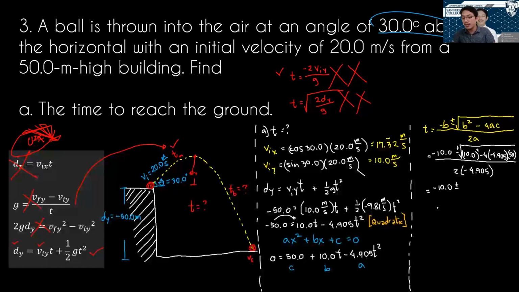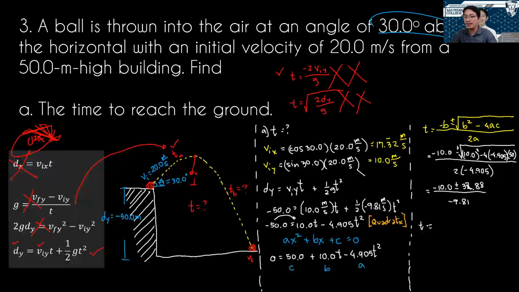That gives us 32.88, divided by negative 9.81. Yeah, so we have two answers.